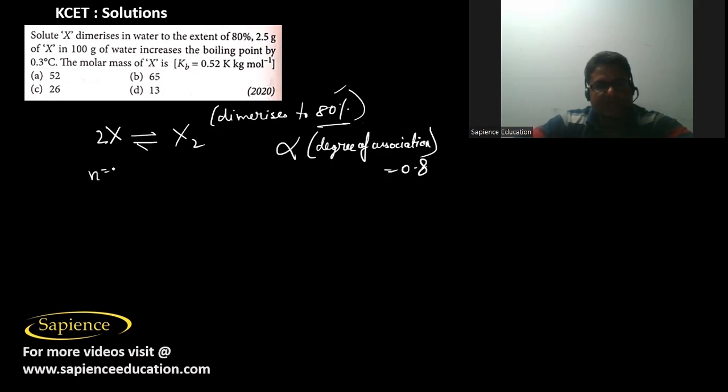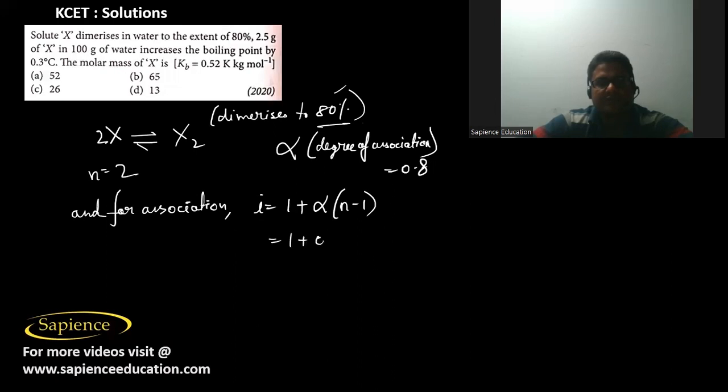So here n equals 2, and as you know, for association the Van 't Hoff factor i is given as 1 plus alpha into n minus 1. So here it will be 1 plus 0.8 into 2 minus 1, so that is 1.8. Now, no, sorry, this is wrong.